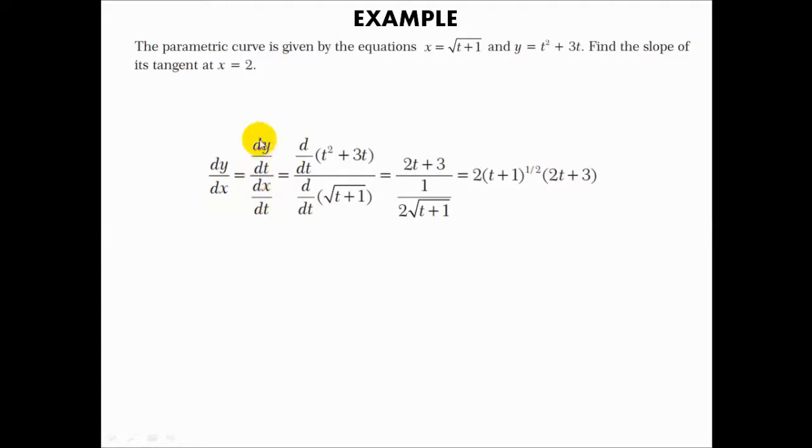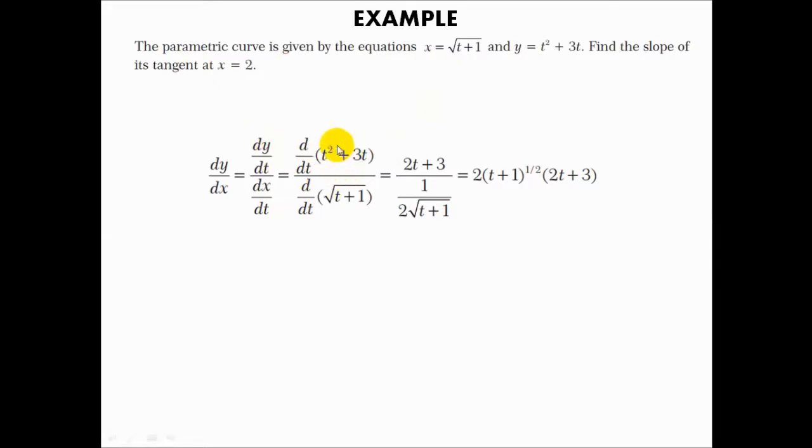So we can substitute y with t squared plus 3t, and x is the square root of t plus 1, so we can differentiate each with respect to t.